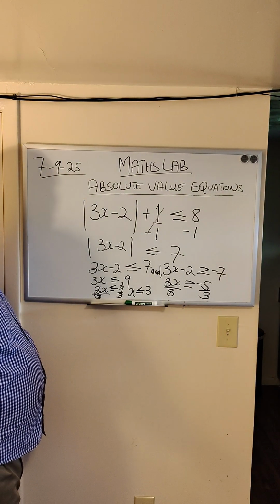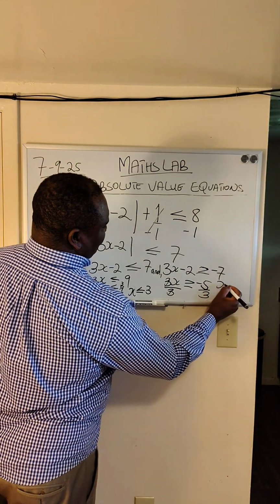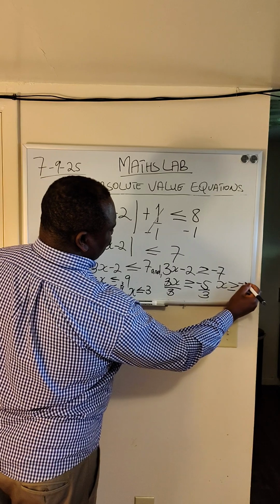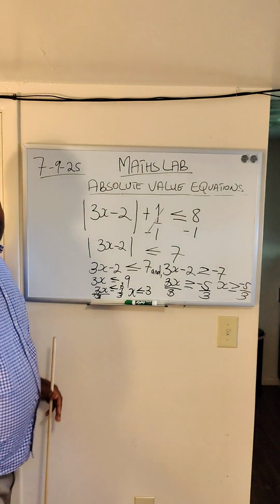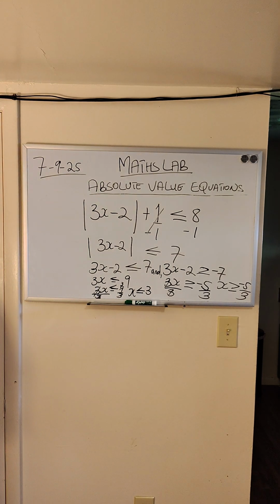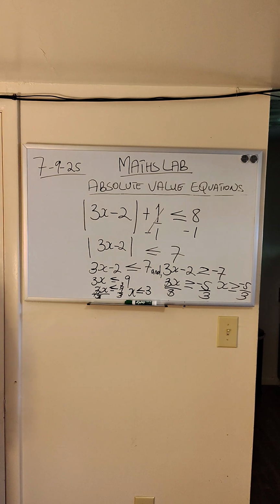So now our final answer is x is greater than or equal to negative 5 over 3. So there we go with our two answers.